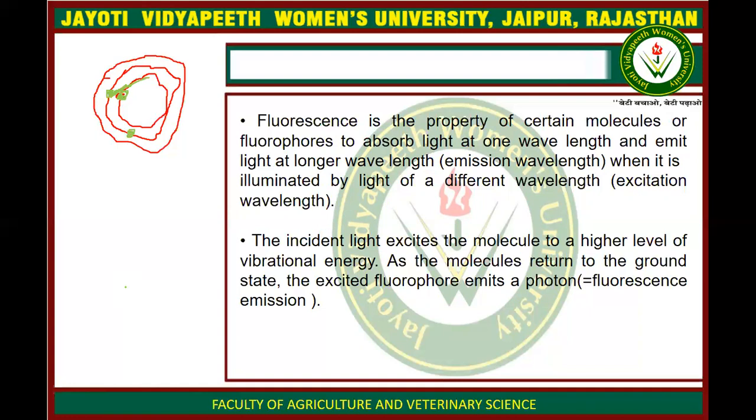So this emitted light is detected in immunofluorescence or any fluorescence technology. This is the basic principle of fluorescent technology, in which the electron absorbs the light, moves to a higher orbit, and after coming to the higher orbit, it emits light. This emitted light is detected through a particular detector, and after detecting, we can analyze the presence, absence, or quantity of a particular compound, protein, antigen, antibody, or enzyme.